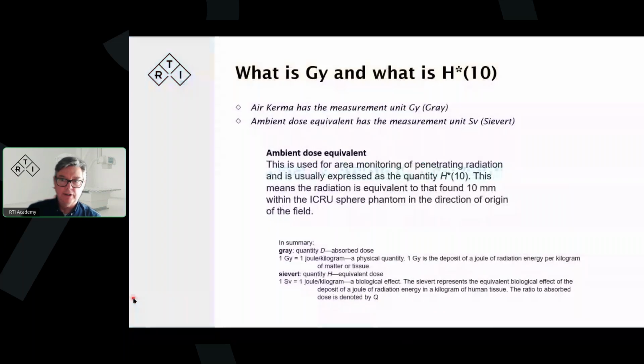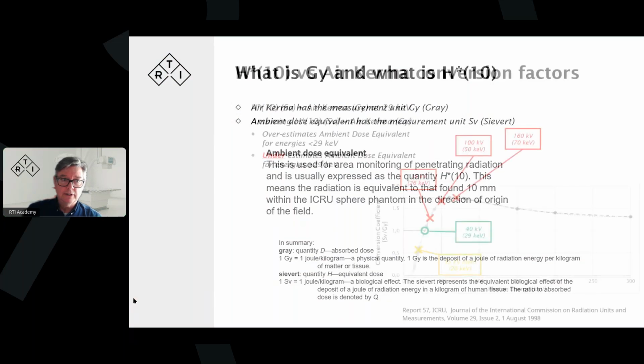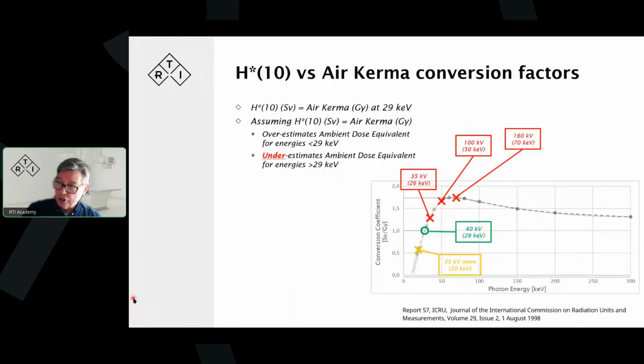All right. So those are some of the issues that we might have. Now, some are saying that when we're looking at the ambient dose equivalent and air kerma, it's the same more or less, and we'll just use that to be on the safe side. It's linear. Unfortunately, it's not. It does have a difference, and if you look at the curves here, there is a risk of underestimating ambient dose equivalent when we're above 40 keV, or 40 k and 29 keV, which is where the balance is.